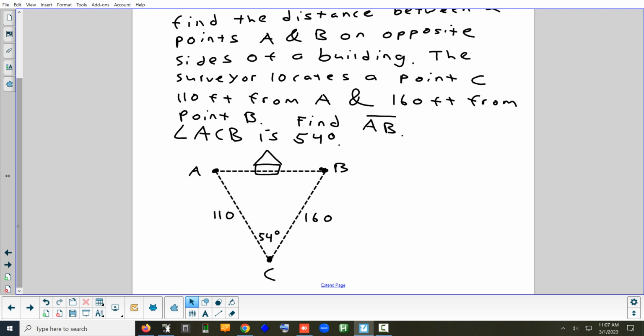So first thing, let's determine what kind of triangle this is, using the three letters, like side, side, side, or side angle side. It's definitely side angle side. And side angle side falls under law of sines or law of cosines. It's definitely law of cosines.